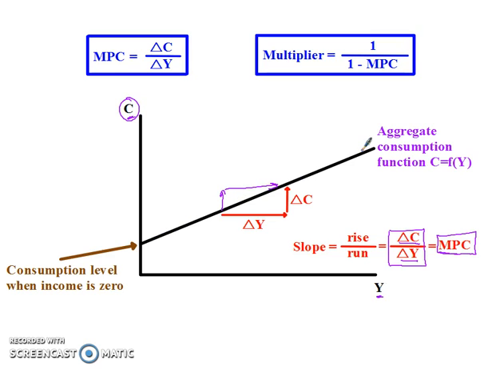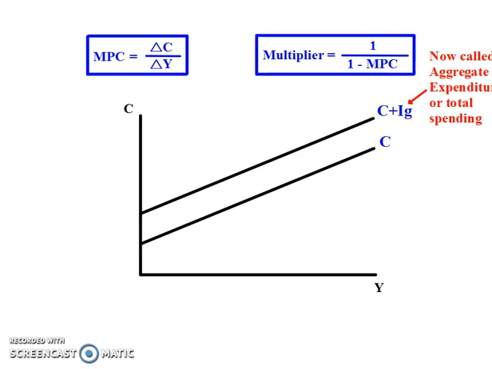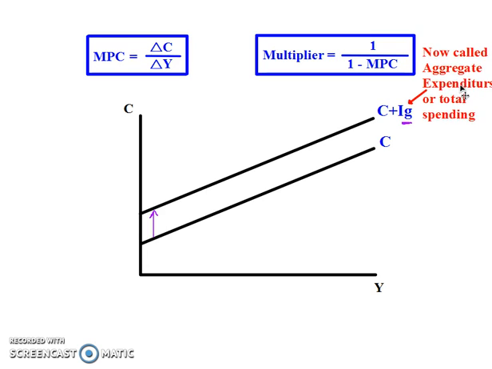Now, that would be if my formula were just y equals c. But that's not true. Our formula is really going to be y equals c plus ig. Okay, so what that means is if we add gross investment to this, that's just going to cause the whole curve to go up by the amount of the gross investment. Okay, sorry, I'm not sure if you can read this over here. Let me just move this over. Right there. So this is now called aggregate expenditures or total spending.